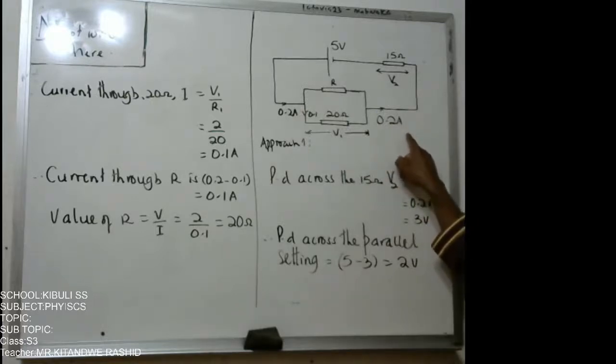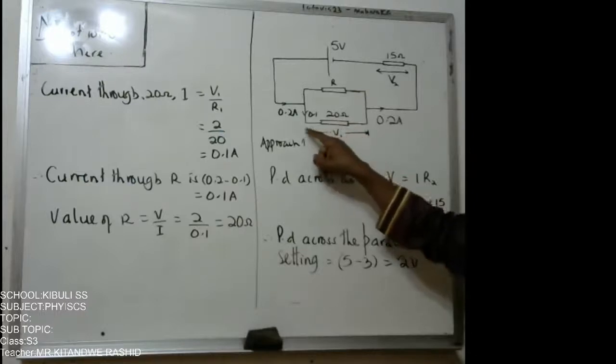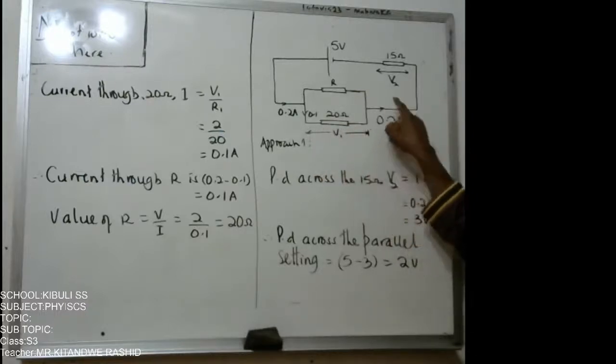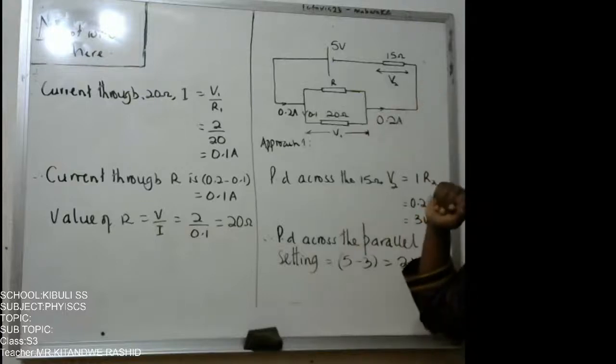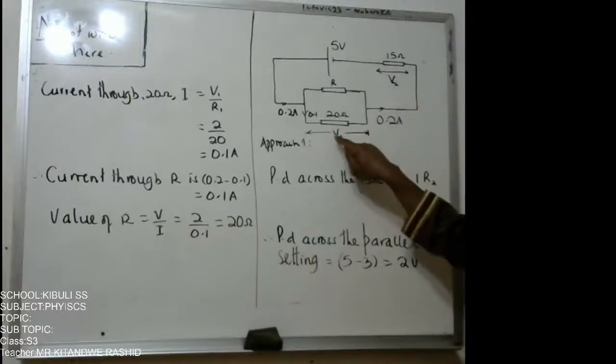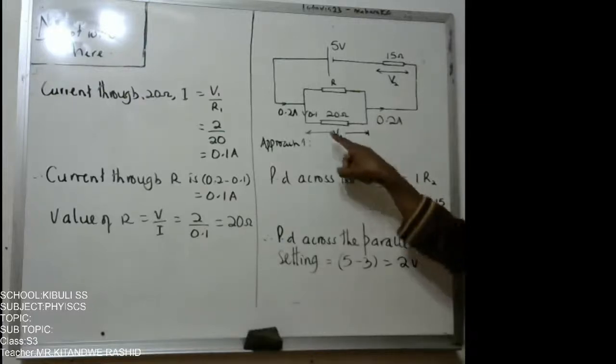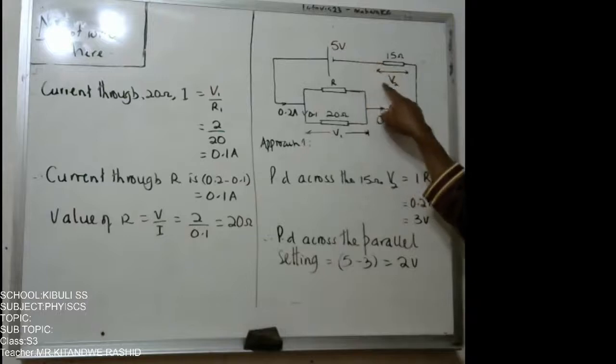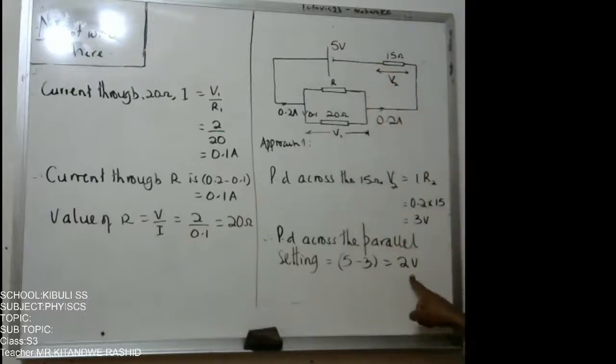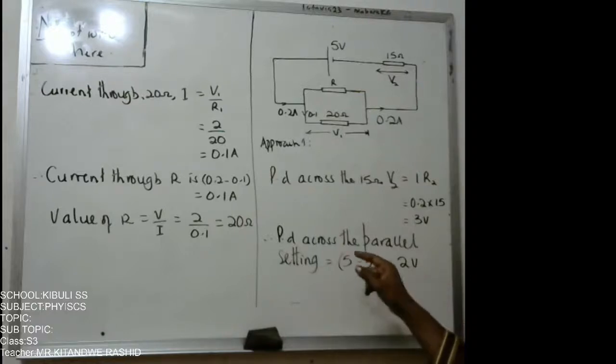So EMF is the sum of the individual PDs, the PD across the parallel setting and the PD across the 15 ohm. So when you add V1 plus V2, you get 5. But the fact that we know current and the resistance, we can find the PD across this one, which we did and found it to be 3. So the PD for the parallel is the total minus the PD here, and remain what? 2 volts.